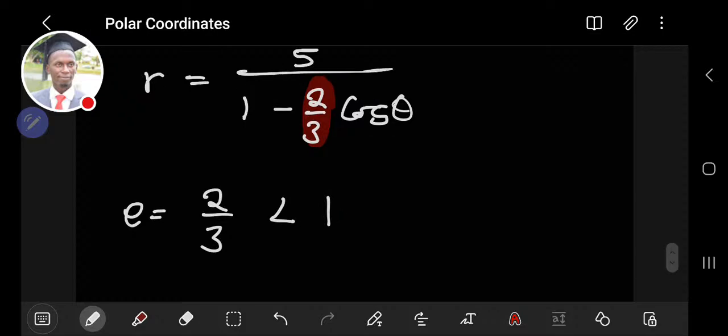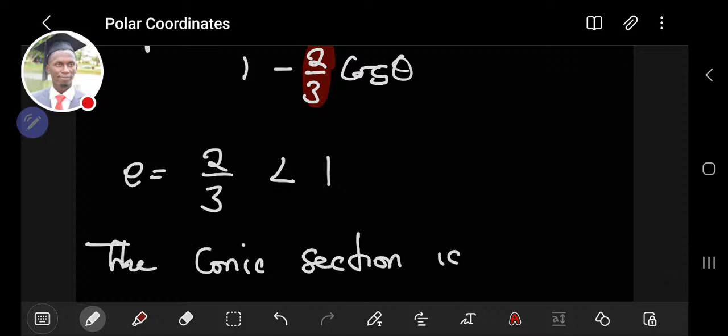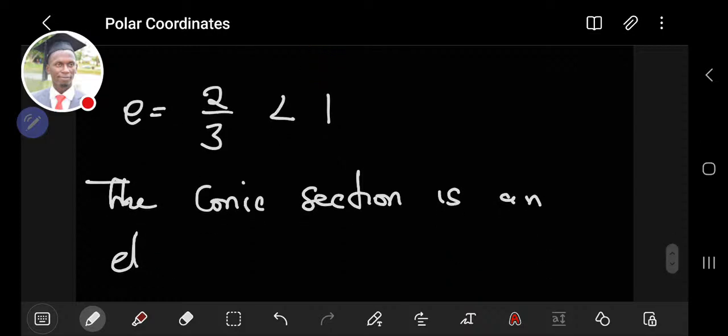And we know to say when e is less than 1, it implies that the conic section we're dealing with is an ellipse. So this has to be an ellipse. Okay, so just a minute. Yeah, this is an ellipse.